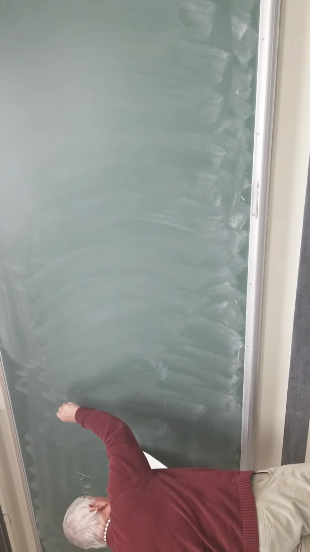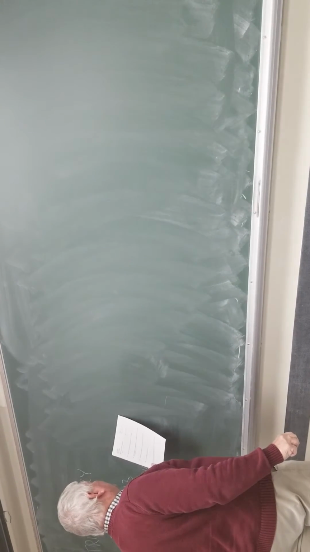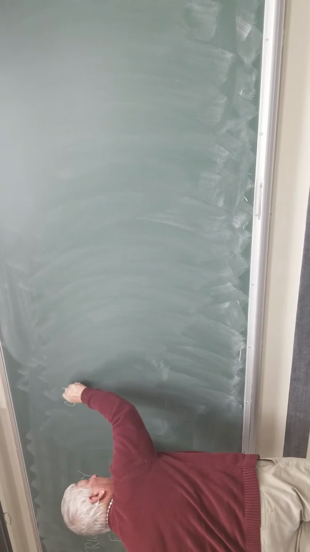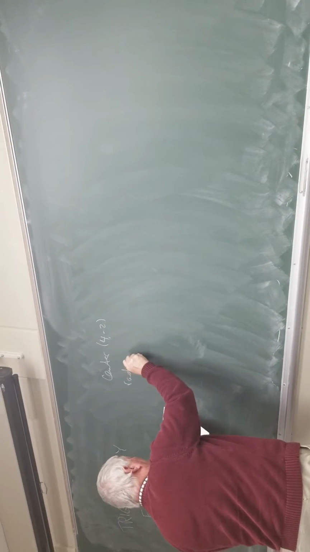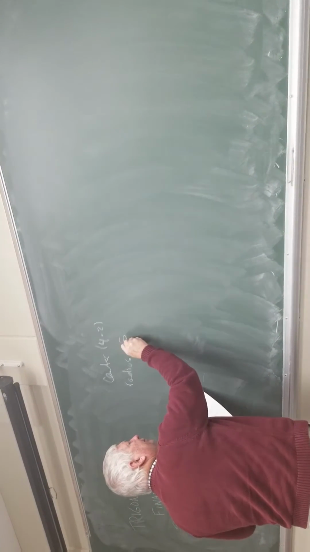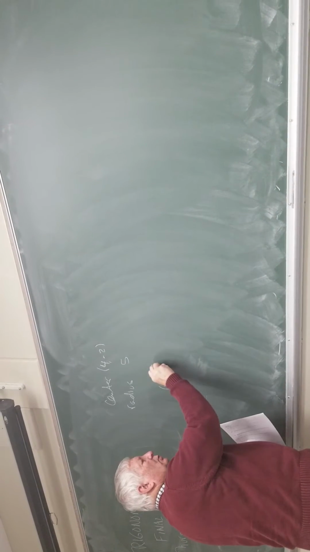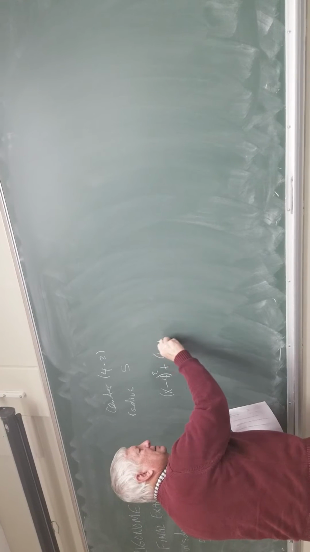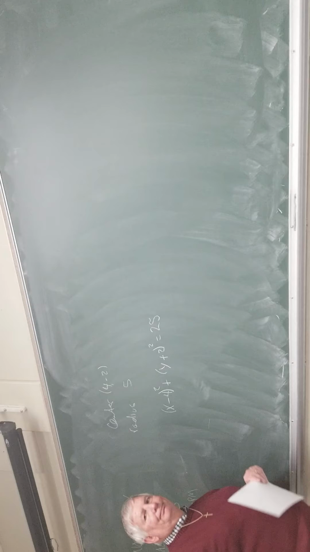Number 9 says, write the equation of a circle whose center is at 1, negative 2, and whose radius is 5. So, x minus h squared plus y minus k squared equals r squared. That's the equation.